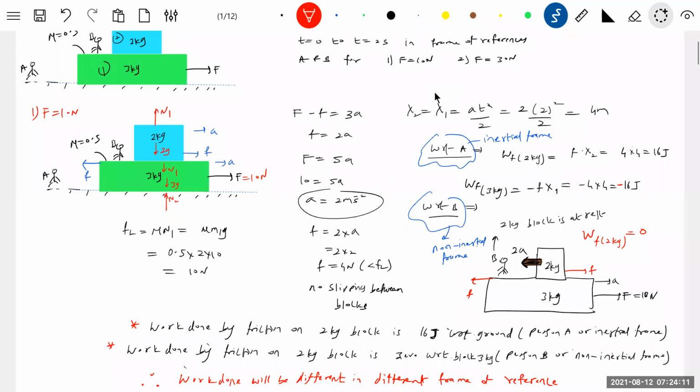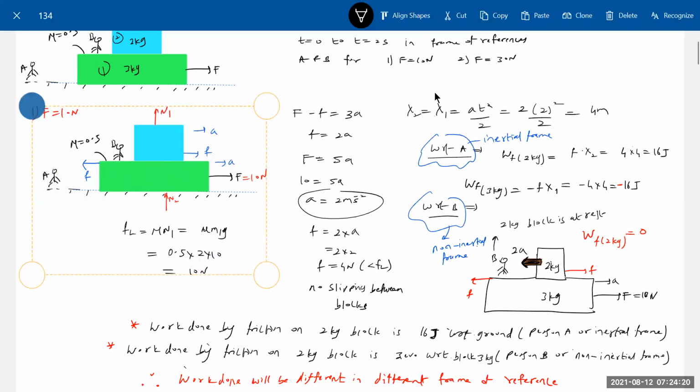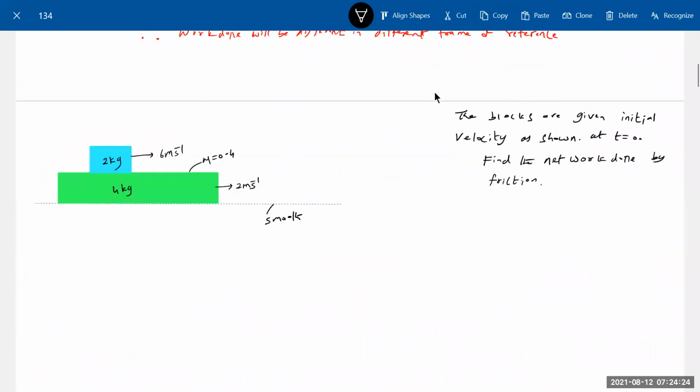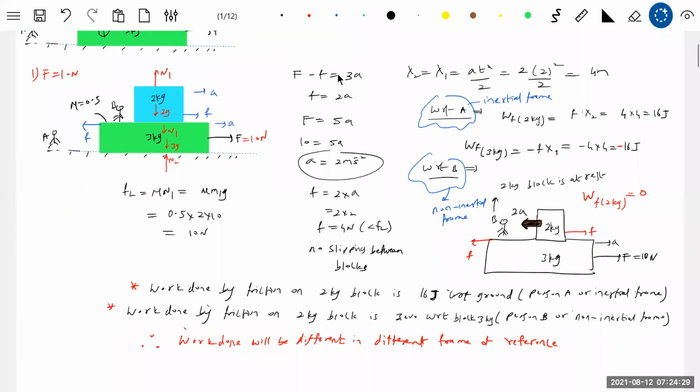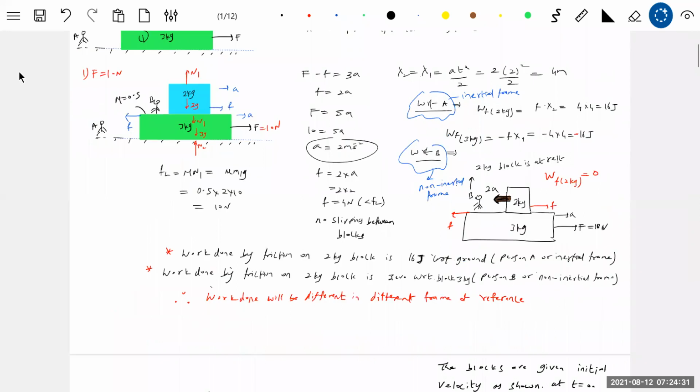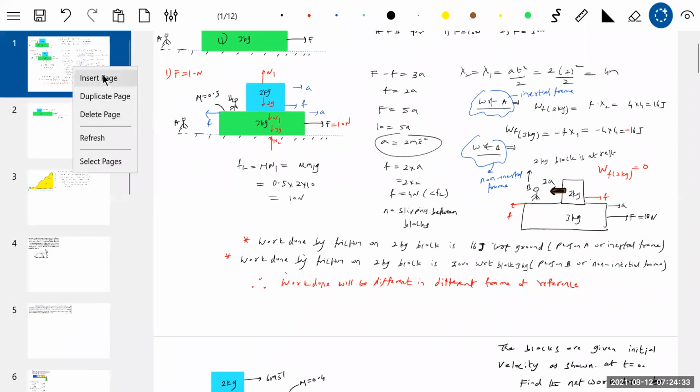The same data will be used. I'll bring another page.